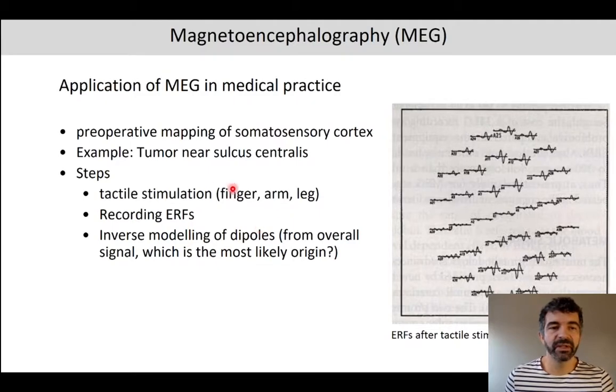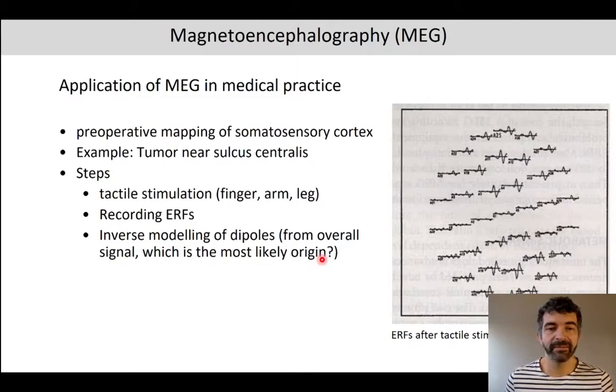So you do this by using some kind of tactile stimulation, finger, arm or leg, then record the ERFs, that's this one here, and then you use inverse modeling of dipoles, again addressing the inverse problem, and then from the overall signal you can see what's the most likely origin.